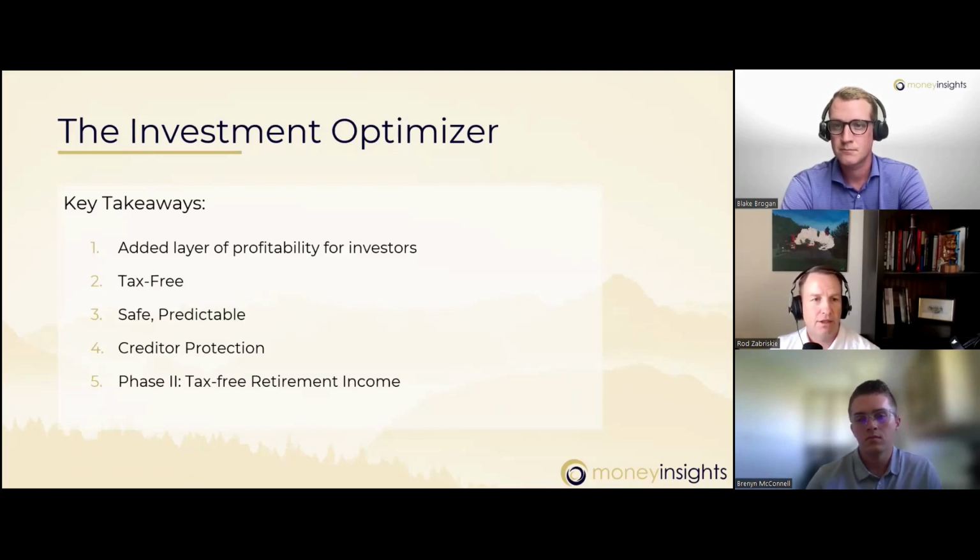And then the fifth, we talked about the tax-free retirement income of phase two. And let's not forget, I didn't include it on the slide, but phase three is the actual death benefit. When that pays out, it can create some additional liquidity and benefit for your heirs. And so that can be a huge portion to this. As Blake mentioned, it's kind of ancillary, even though we're using life insurance, it's not the primary thing we're thinking about now.